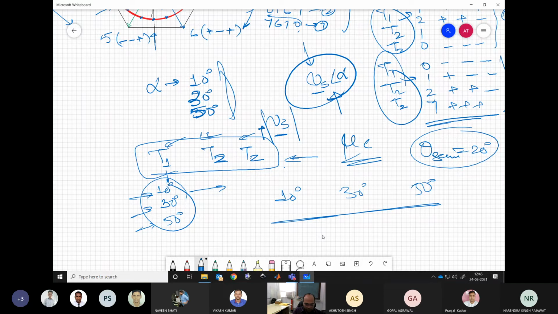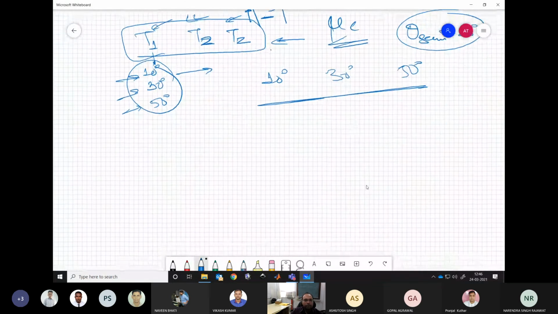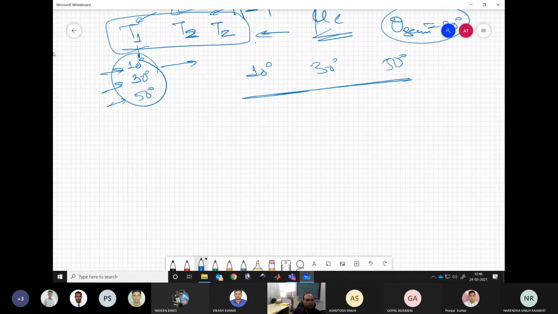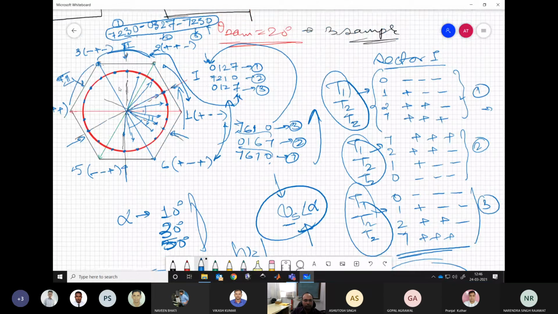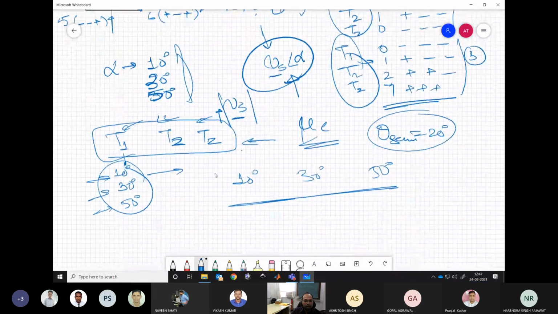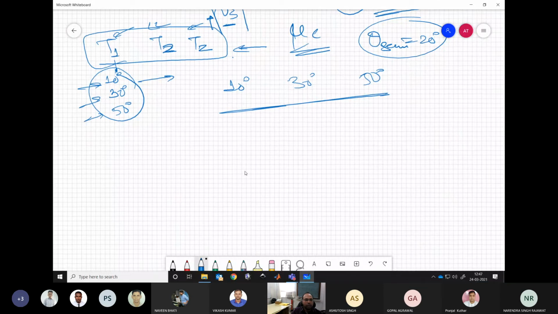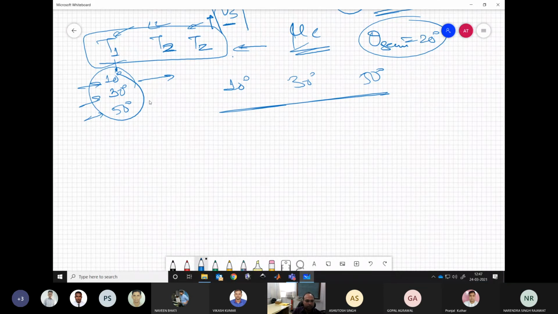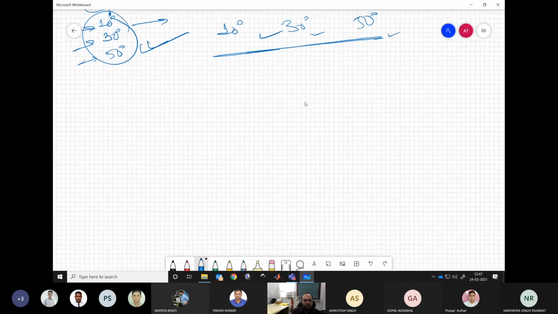So again, can we further simplify our task? We have seen that for every sector T1, T2, TZ are the same. These are not changing: 10 degrees, 30 degrees, 50 degrees, in every sector this is true. Now can we generalize the sector?